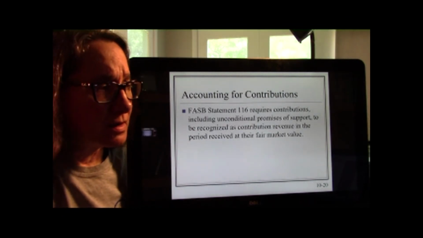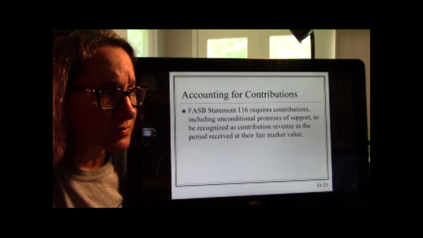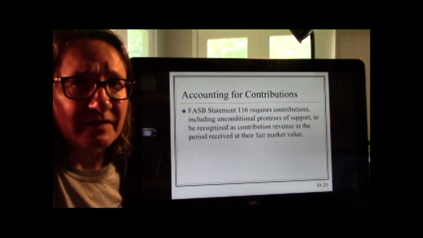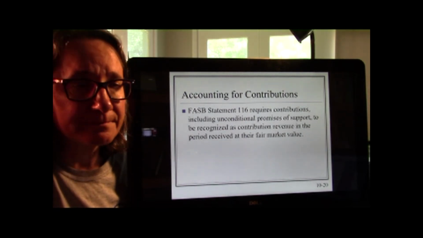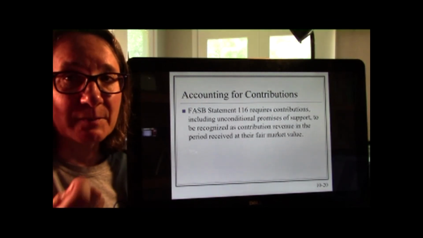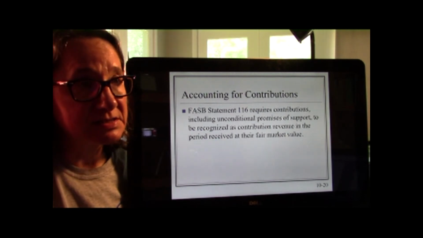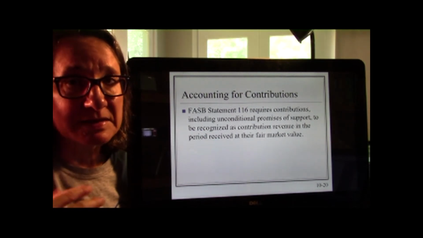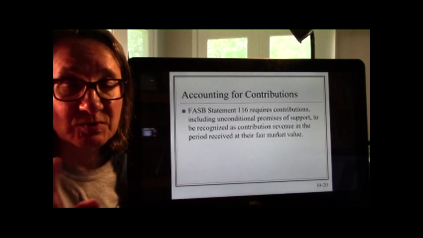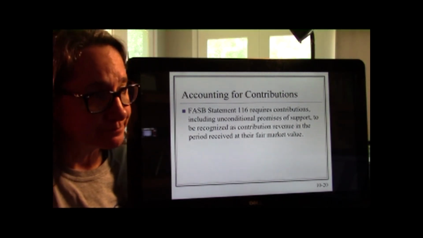So when people make contributions, it's recognized as contribution revenue, and it's at the fair market value, because sometimes contributions aren't cash, right? I always think about, I made a donation, but I did 40 tax returns for people on the VITA program, not counting supervising students.